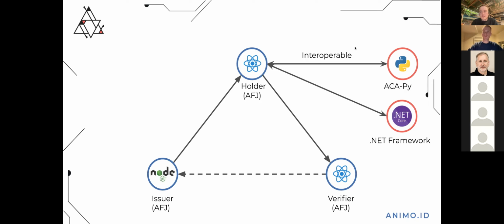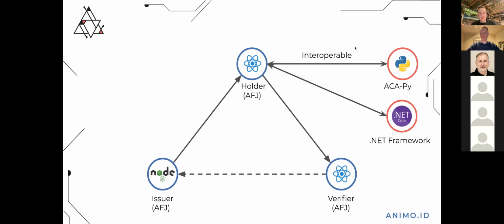And if you use the same tech stack in general, it's a lot easier to be interoperable. But we also make sure that with AFJ we're interoperable with other implementations. For example, you have a very popular implementation in Python, ACA-Py, and we have daily tests that run for interoperability each day.